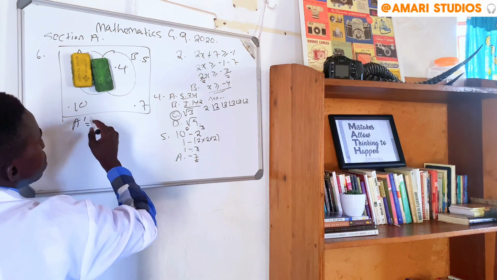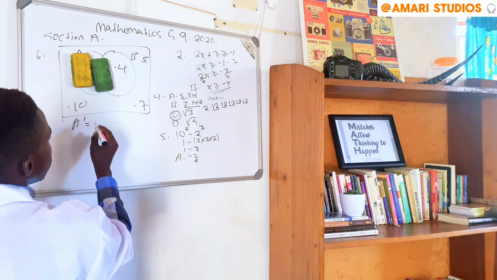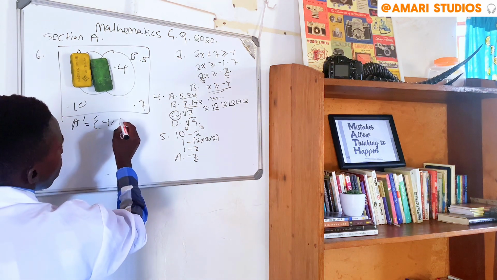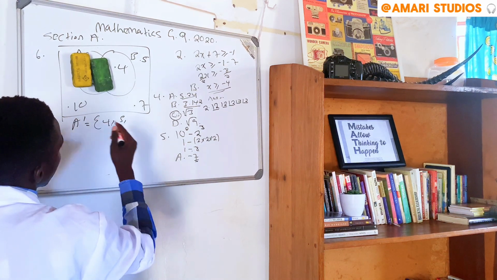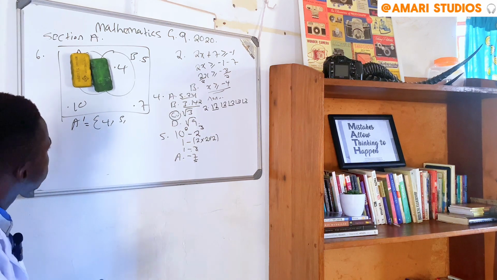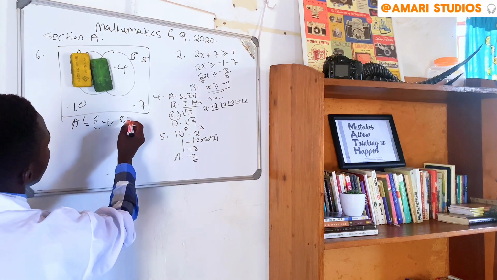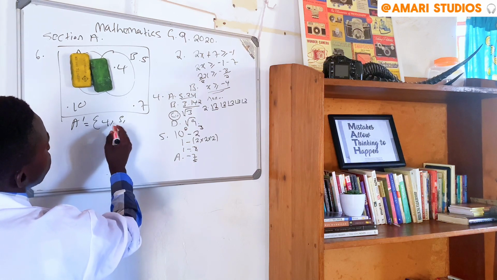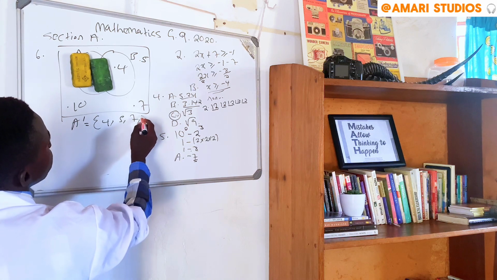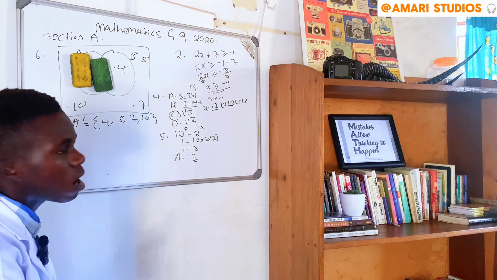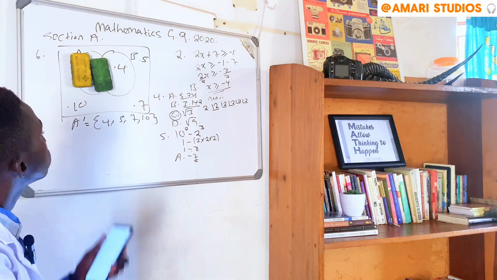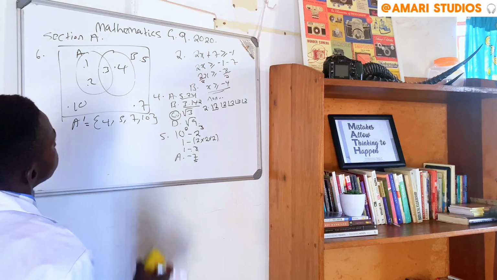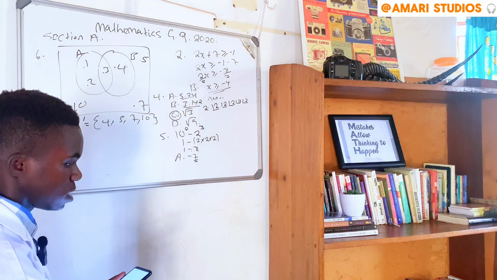The rest of these are not found in A. So our final answer when listing, in order, is 4, 5, 7 and 10. These are the members of set A complement. In other words, these are the numbers that are not found in set A. That's the way it has always been.